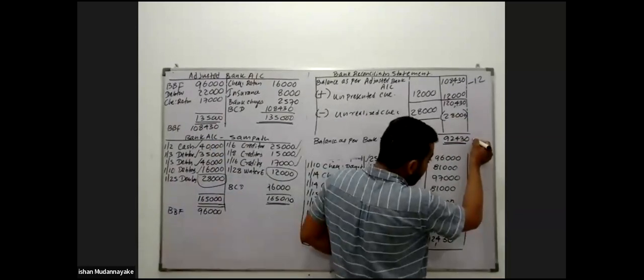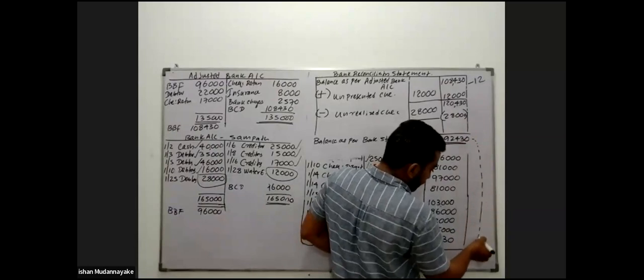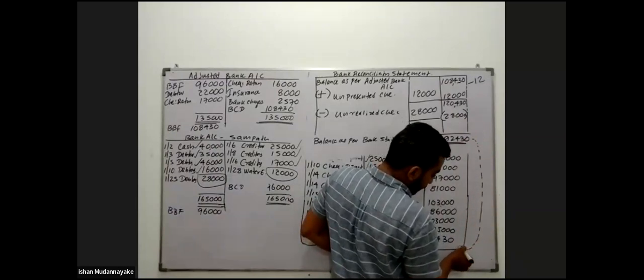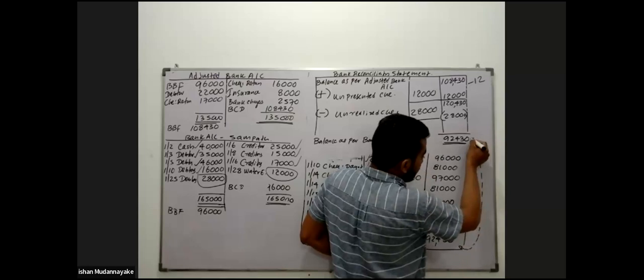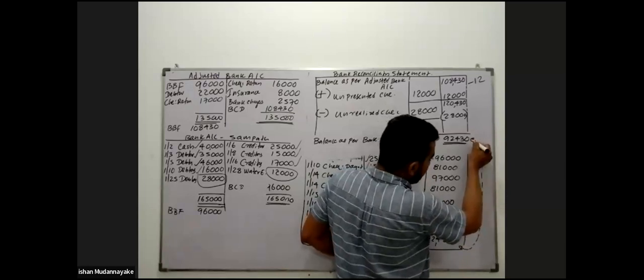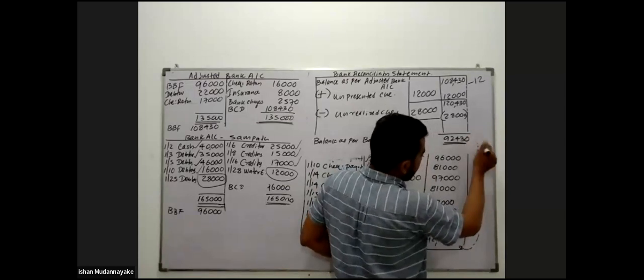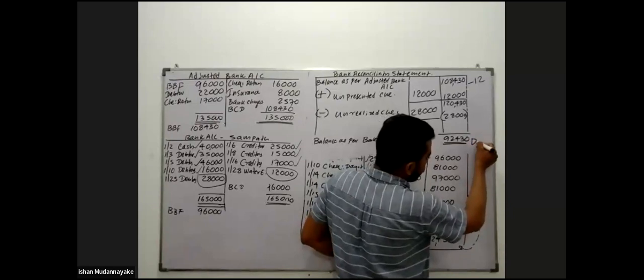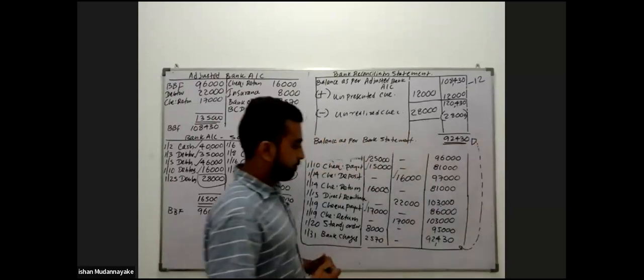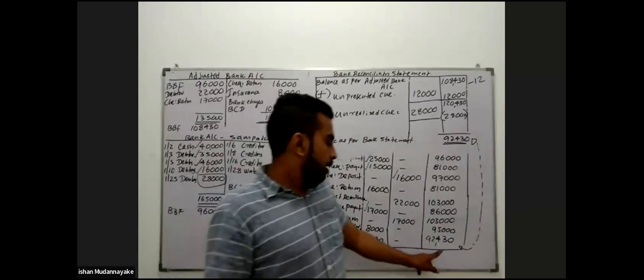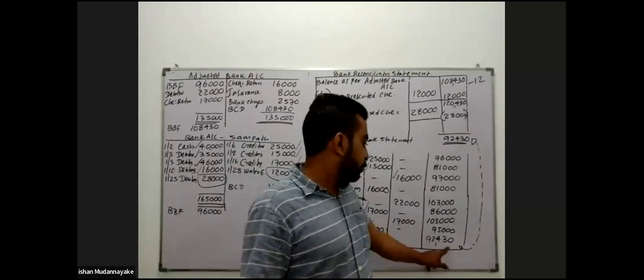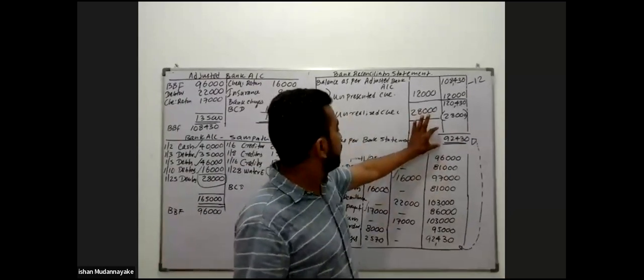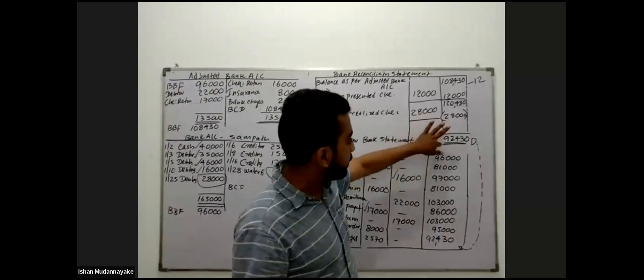If you properly prepare the bank reconciliation, then you should be able to calculate the bank statement balance through the bank reconciliation statement. Balance as per bank statement is 92,430, and in the bank reconciliation also the balance is 92,430.